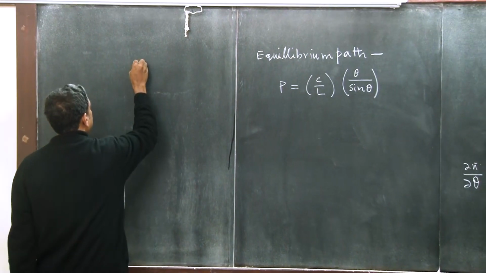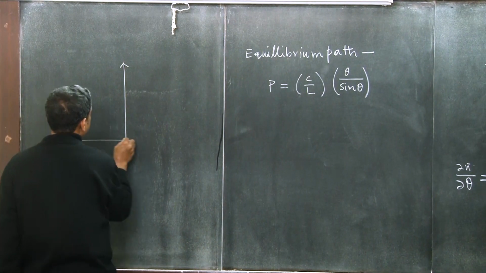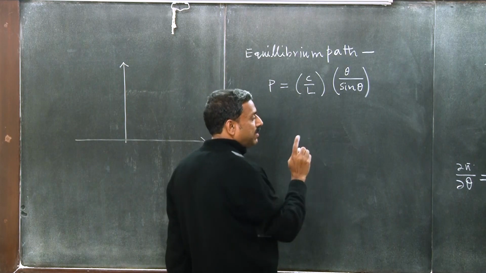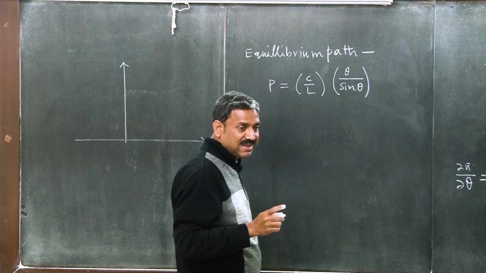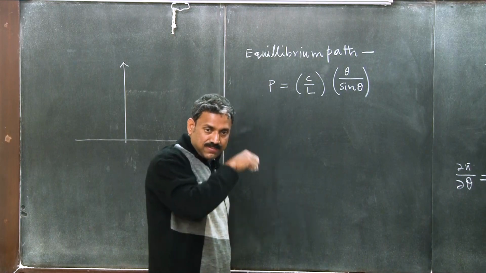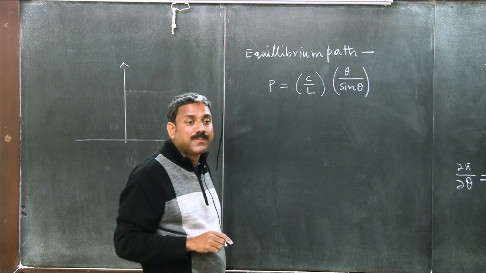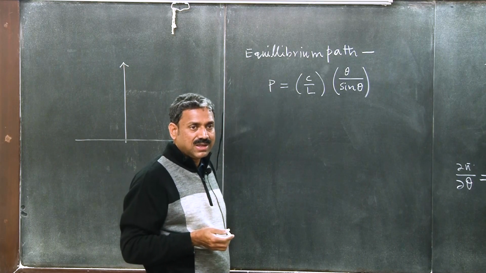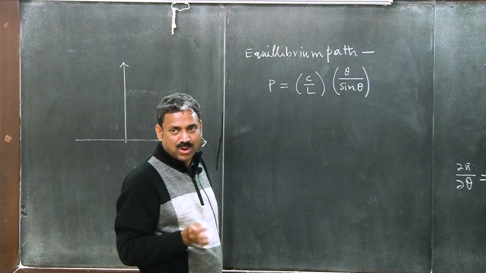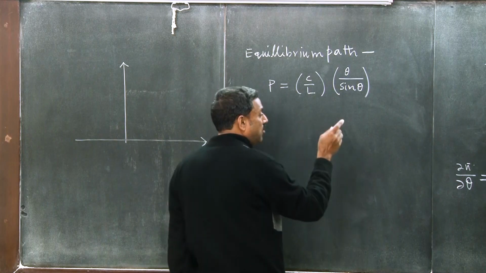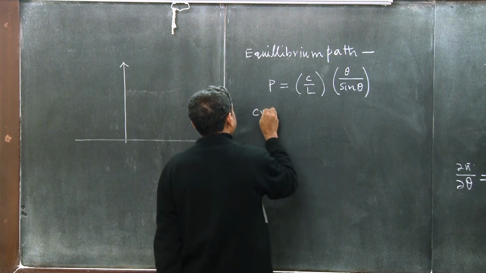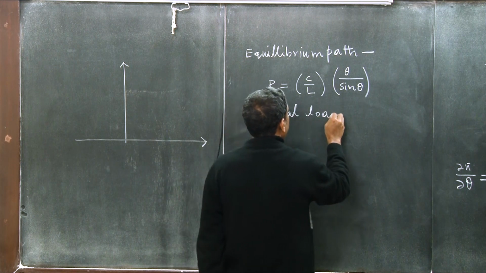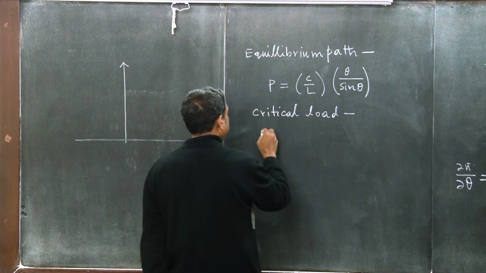Now, I am going to draw it. How will it look? Then, on this equilibrium path, now I will find out the critical load. So, what is critical? Stable, unstable, we have to find the second order derivative, right. Critical means transition between stable to unstable. So, if we want to find the critical load, let us differentiate.